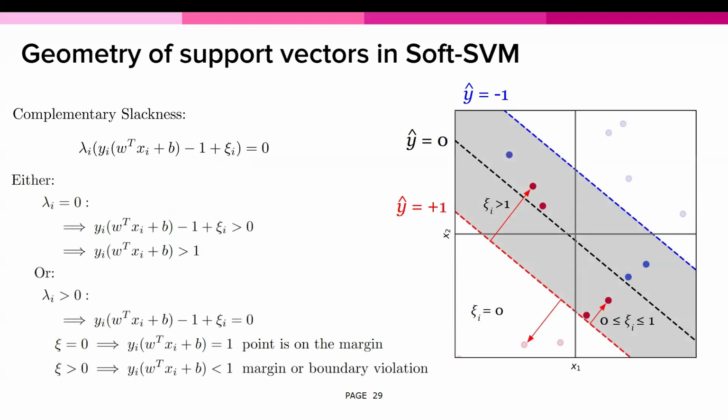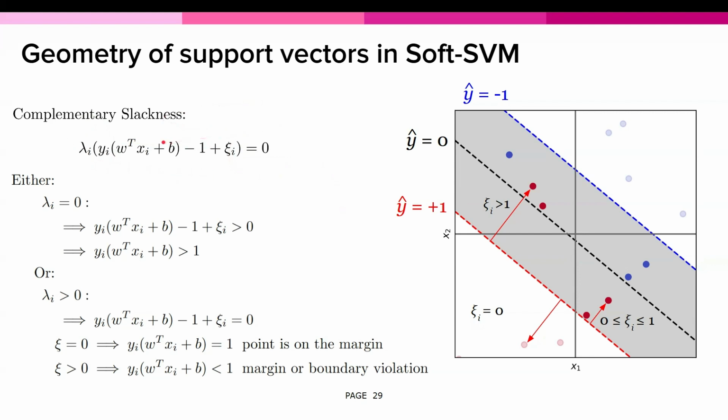So what does this mean for what we're trying to optimize? For that, we can again consider the complementary slackness condition. It tells us that for each data point, either its Lagrange multiplier, denoted as lambda, is 0, or the constraint that involves the class label, the decision boundary, and the slack variable is exactly 0.